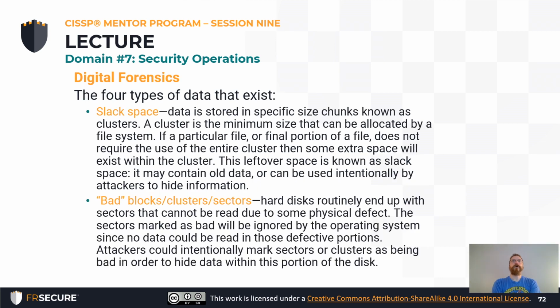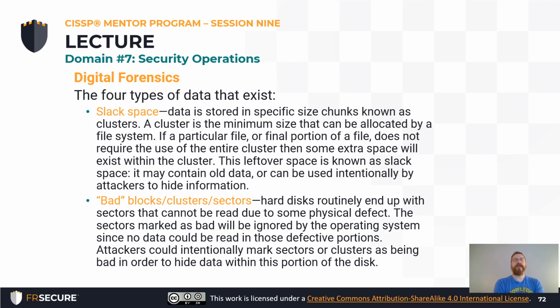Slack space, so it's the specific chunk as a cluster. You have a minimum size that can be allocated by a file system, whatever that size is. Let's just say, I'm going to keep it super simple, your cluster size is one megabyte.